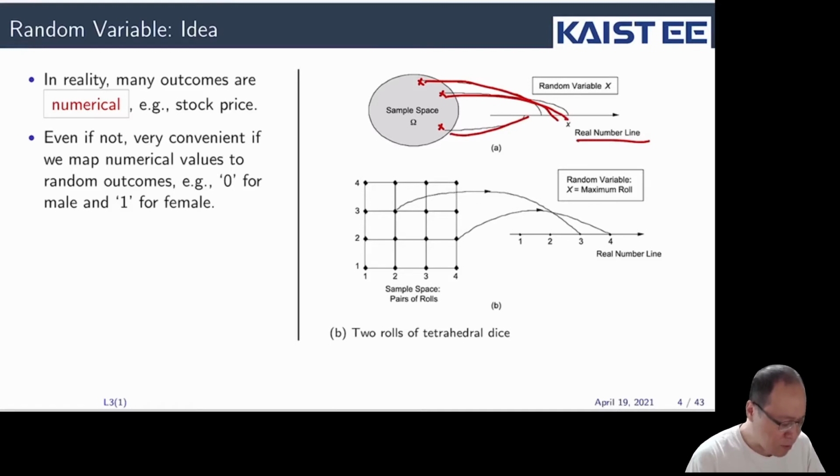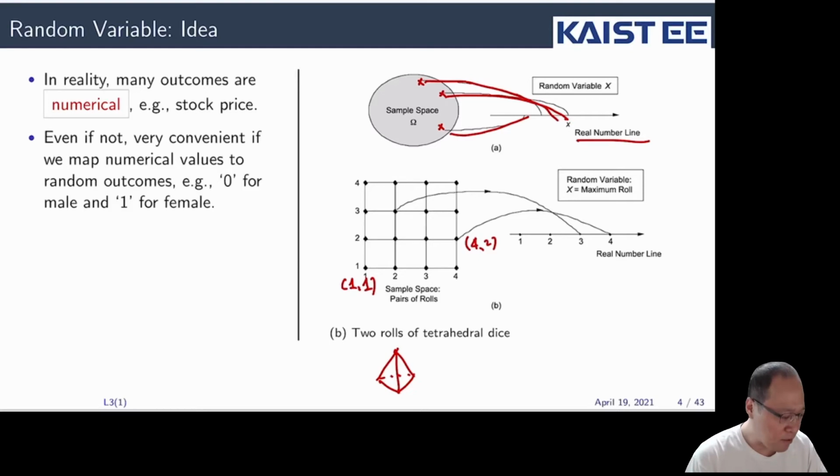A good example is that suppose we have 2 rolls of a tetrahedral die. We have a result of 2 numbers, like 1, 1, which means the first roll is 1 and the second roll is 1. For example, here in this case 4, 2, and so on. So we have 16 results.